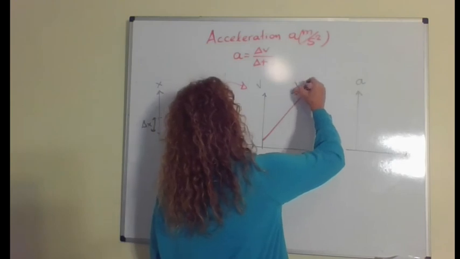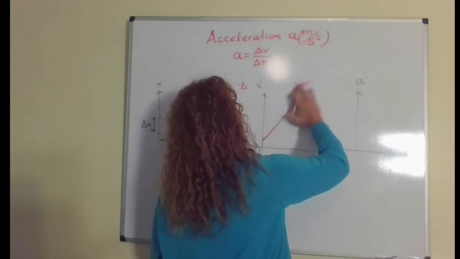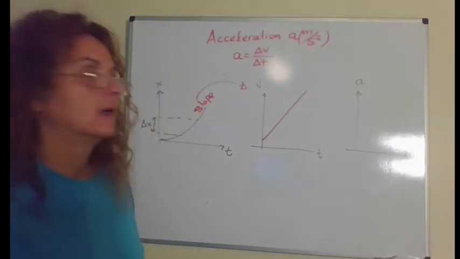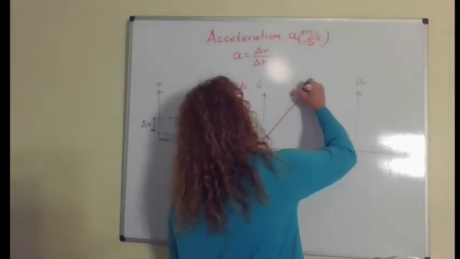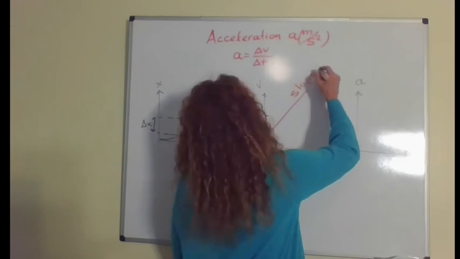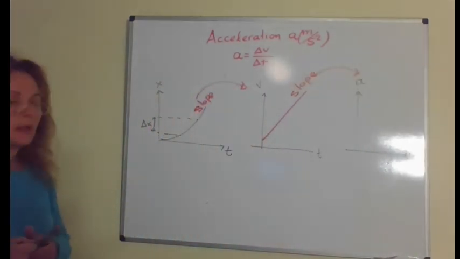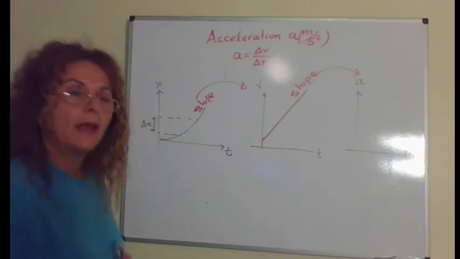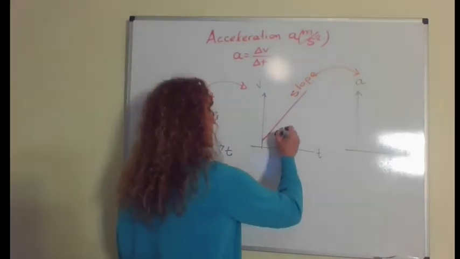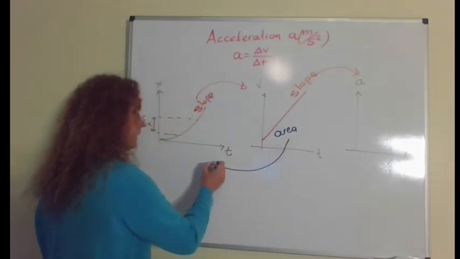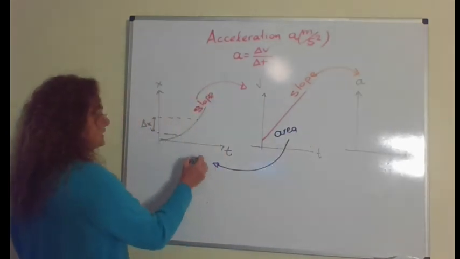From its slope, I can find the acceleration. And from the area underneath the graph, I can find the displacement.